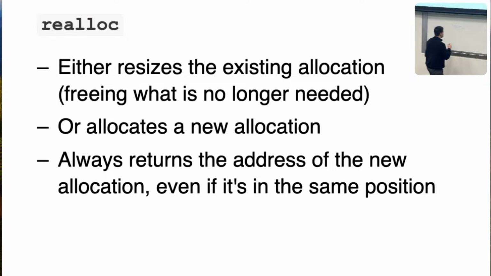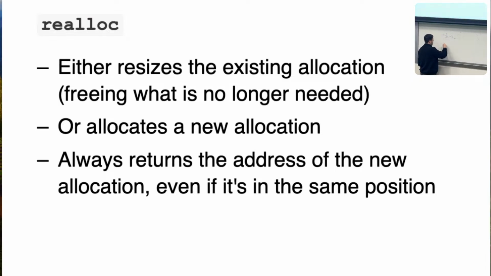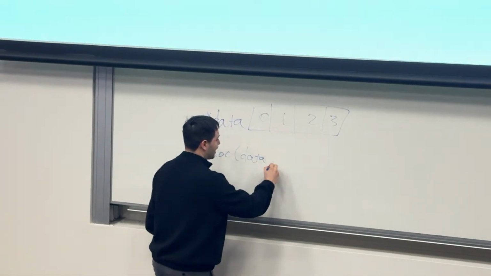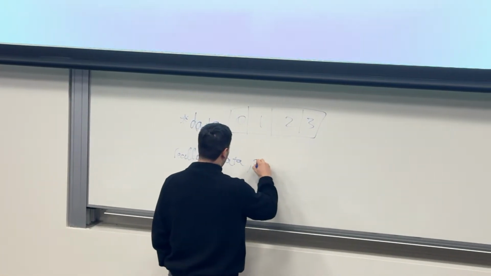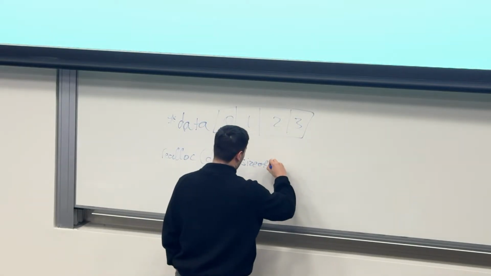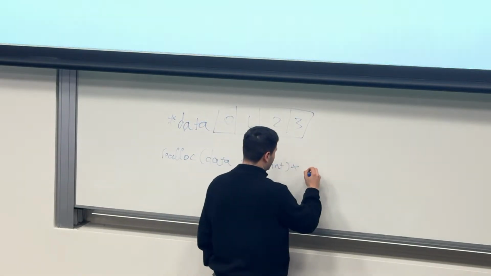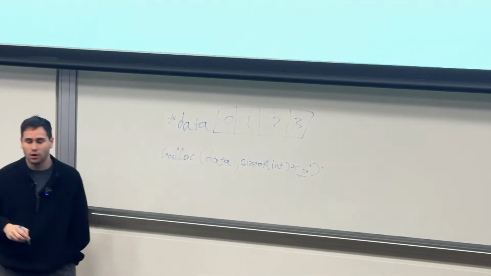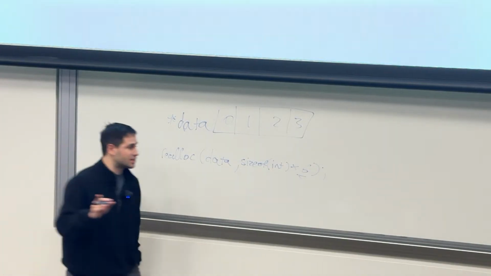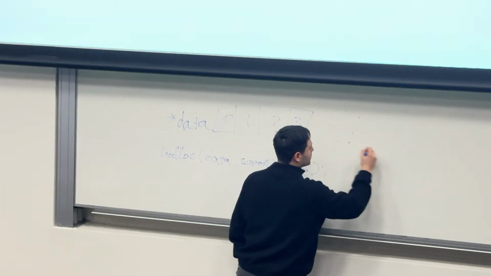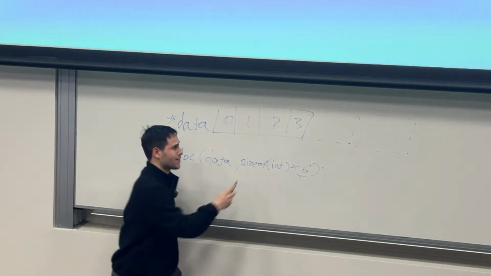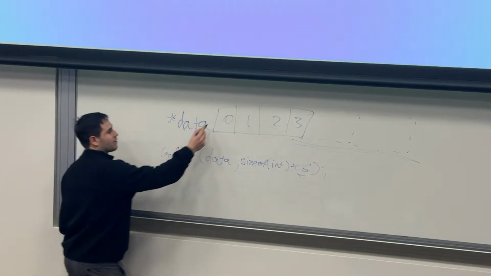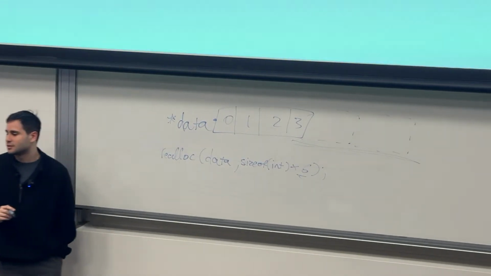And then I pass data to realloc, and now I say I want the size of an int times 6. So I'm growing by 2 because I could only store 4. It may just literally expand it if there happened to be room here, at which point you would get back the very same memory address. That may happen.